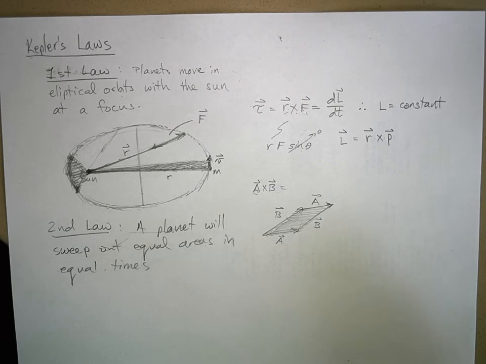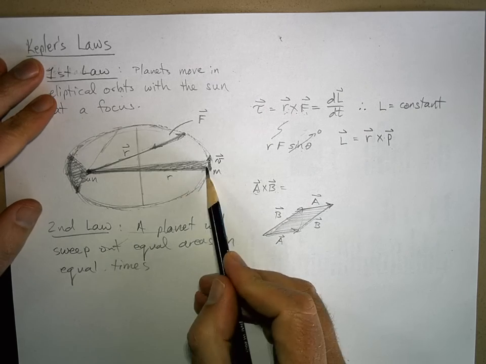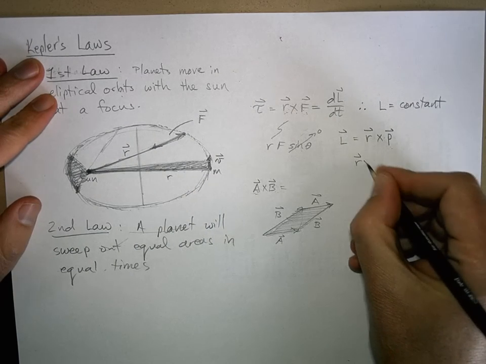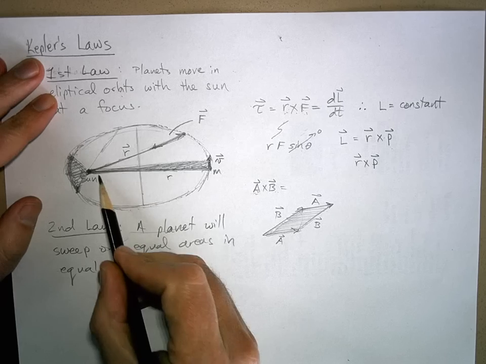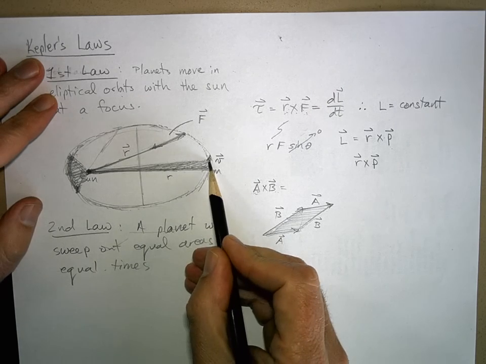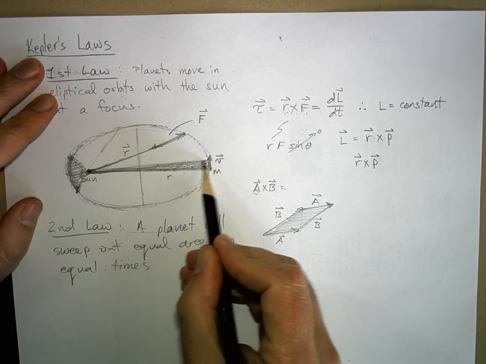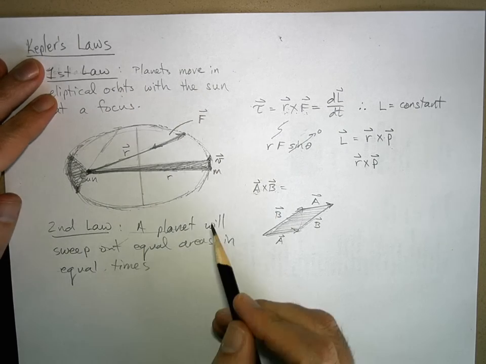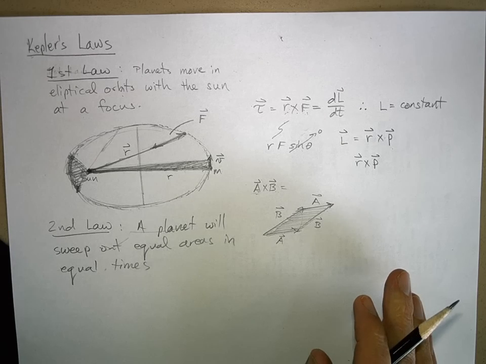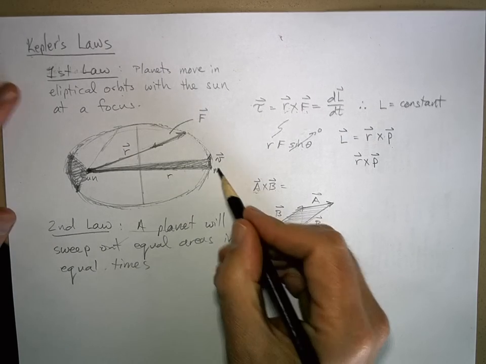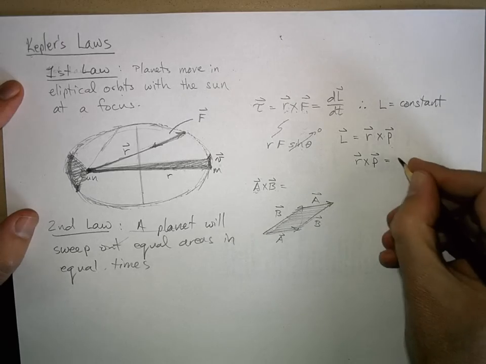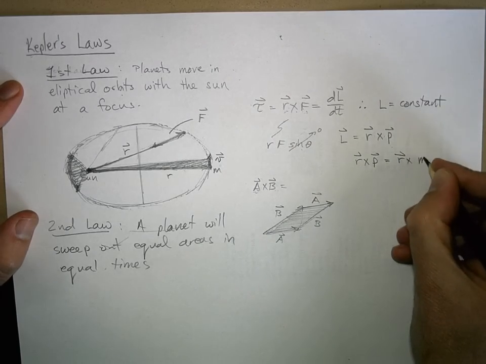Now, look at the area right here. Here we have r cross p, but let's take a look at the area of this shape that's made by r cross p. Well, hold on a second. Instead of v, let's take a look at this. This is r cross mv.